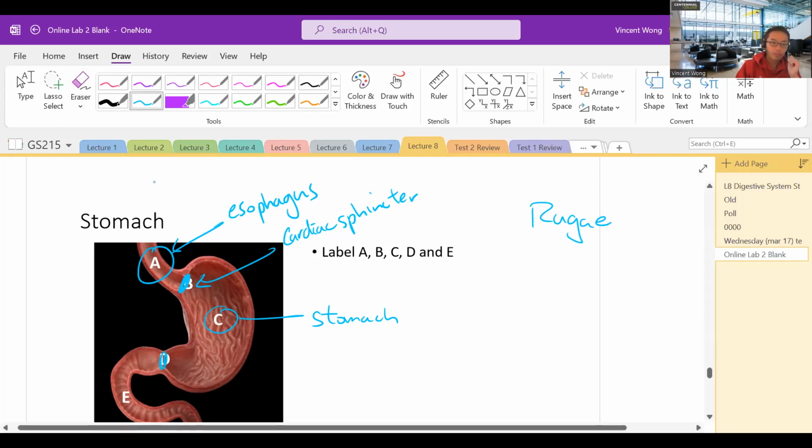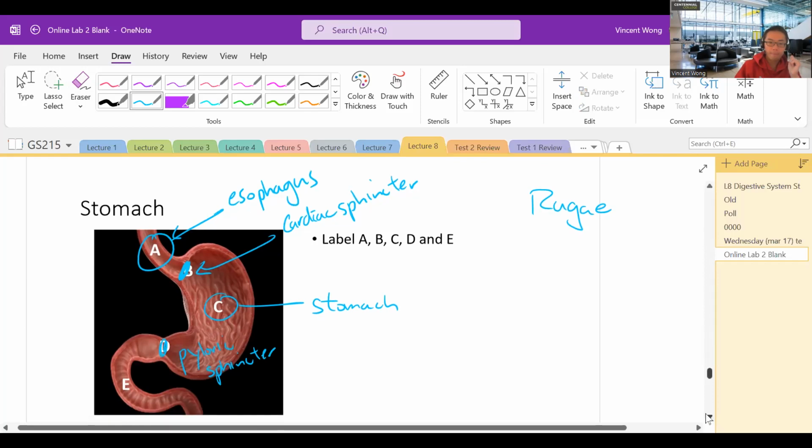Down here, we have the pyloric sphincter. And this last part here, that's the first part of the small intestine, the duodenum.